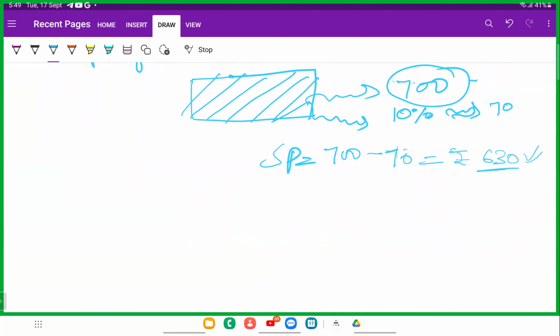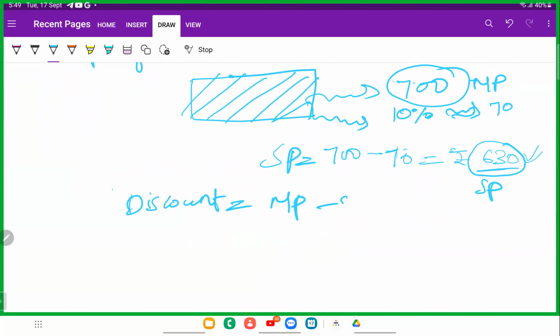So if you want to find out the discount now, this is selling price and this is market price. So discount is nothing but market price minus selling price.